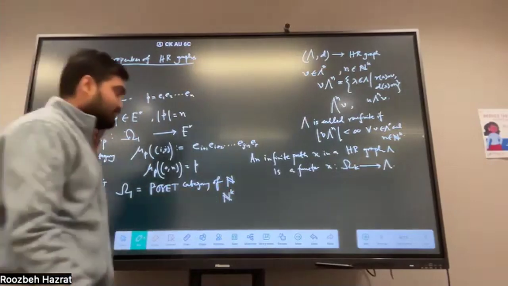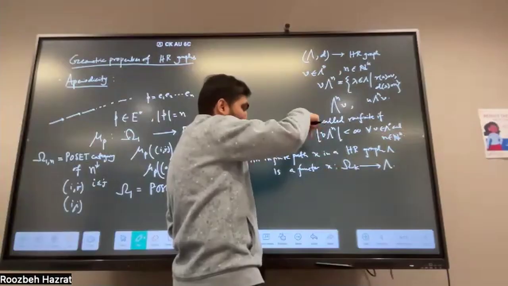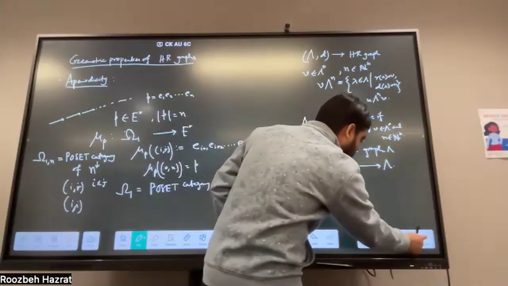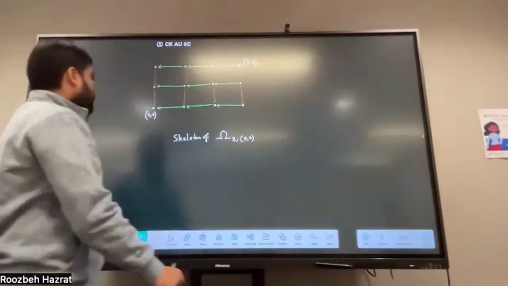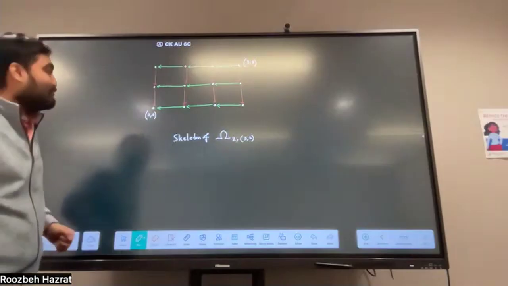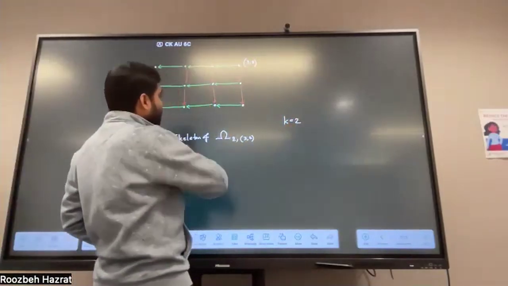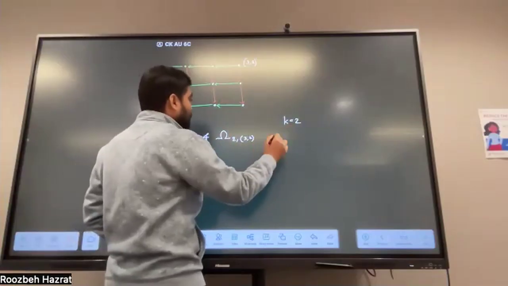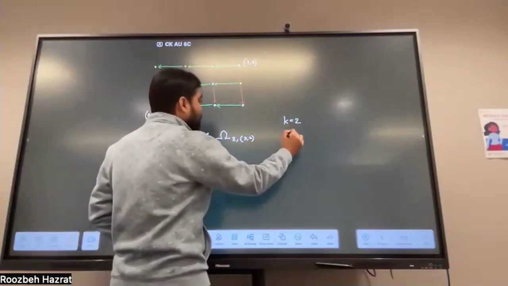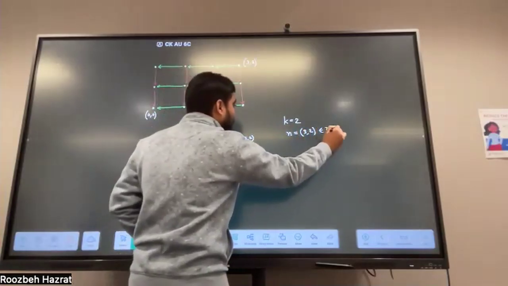And I have pictures to show you how they look at the directed graph level. So that's the picture. Here k is 2. And this is not the infinite one. This is the finite one, called the finite grid graph. And take this particular two-tuple in N^2.